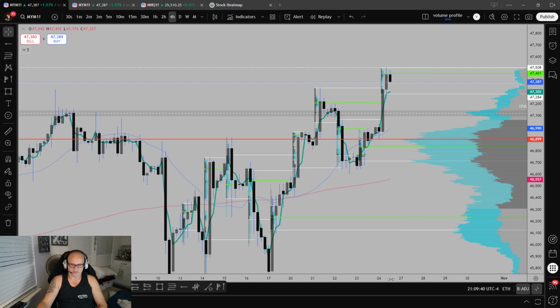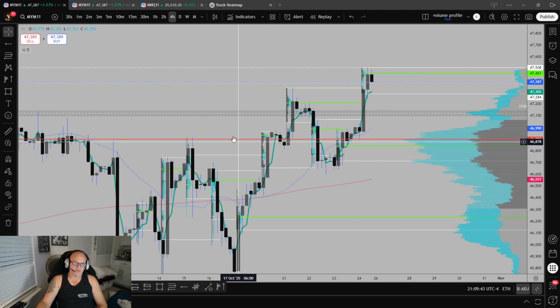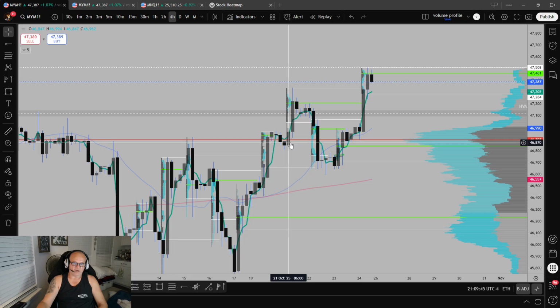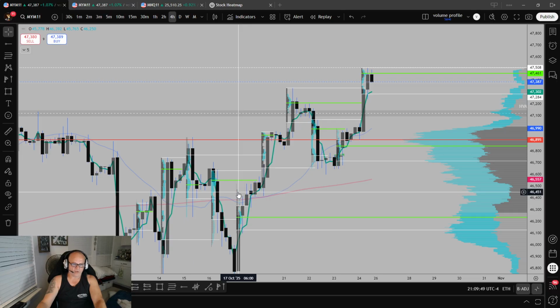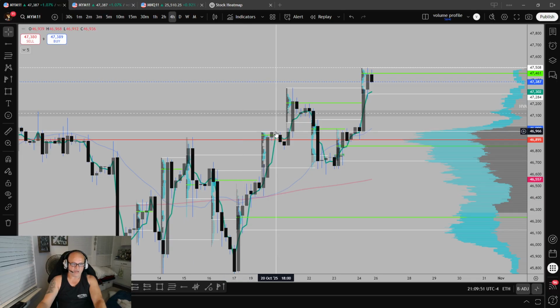So let's expand this a little bit so it's a little easier to see. So this is our breaker bar, right? So let's say we made a swing high here, higher swing high, sweep the low, new high, breaker bar. All right.